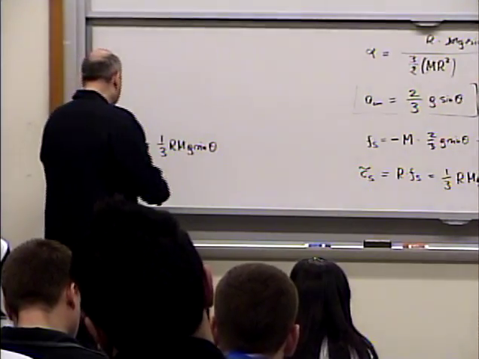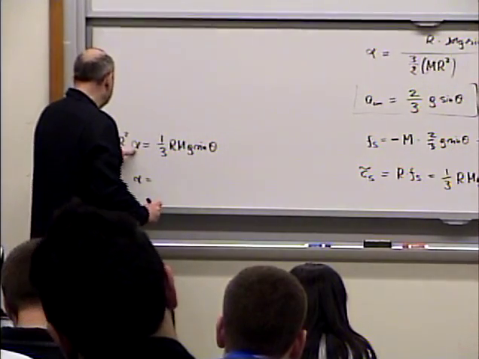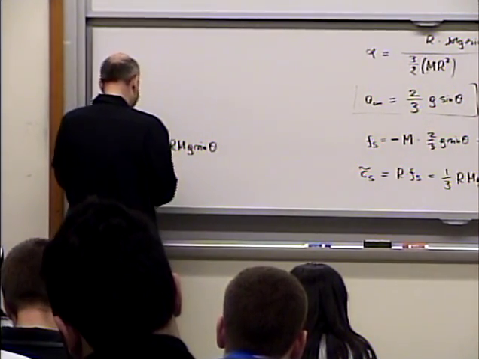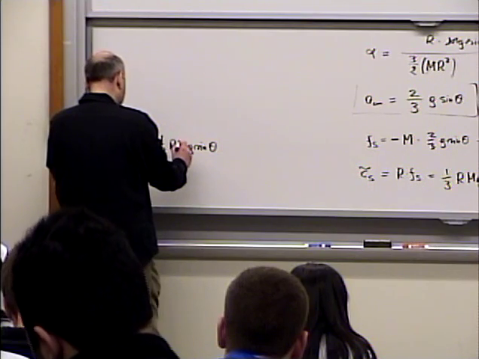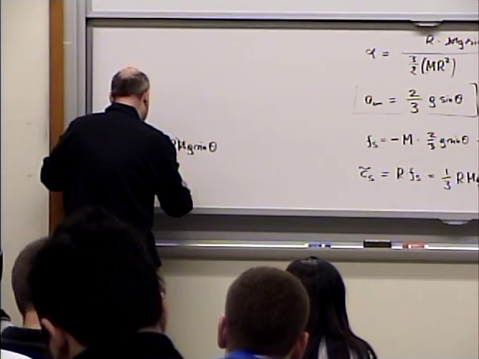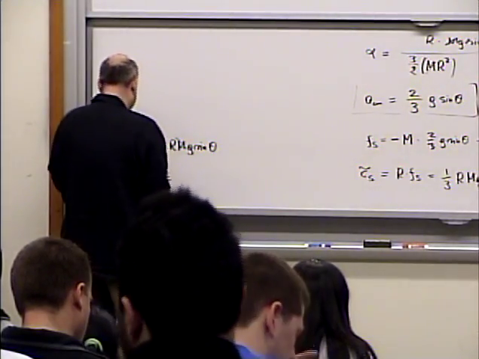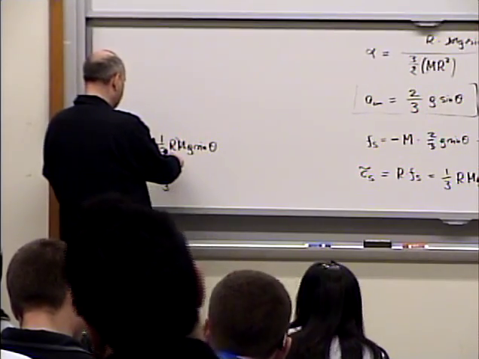All right, so from that I will find that angular acceleration is, m and m cancels. Now I have to multiply both sides by 2, so I will have 2/3. Now here I have r squared and here I have r.